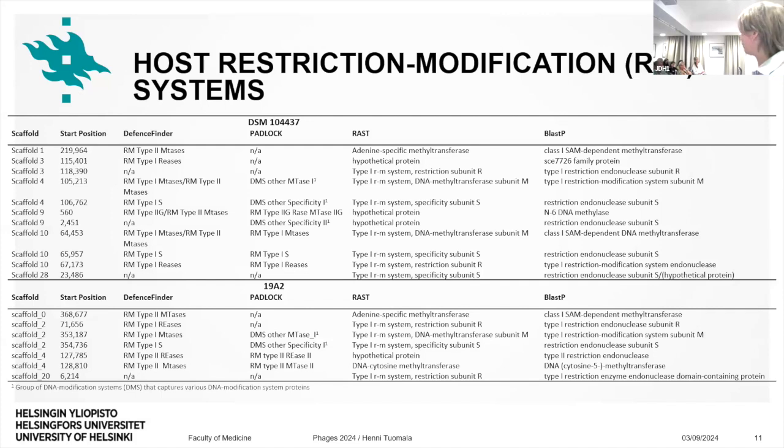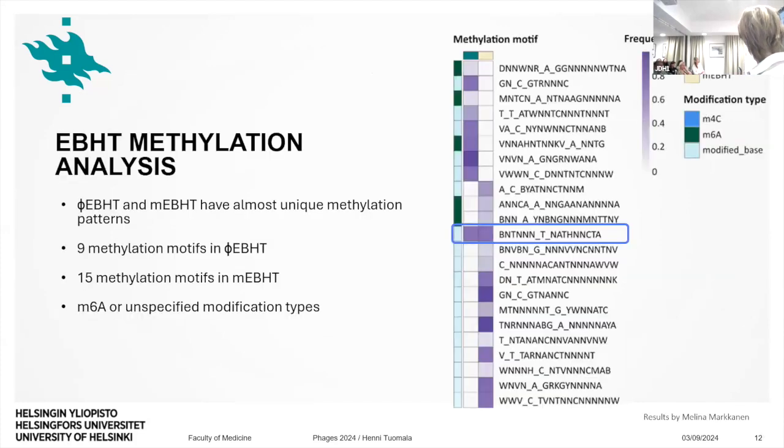To make the connection, whether the RM systems actually affect the methylation of the phage genome and therefore the host range of the phage, we sequenced both phage variants with the PacBio method, and we found that both variants had unique methylation patterns.